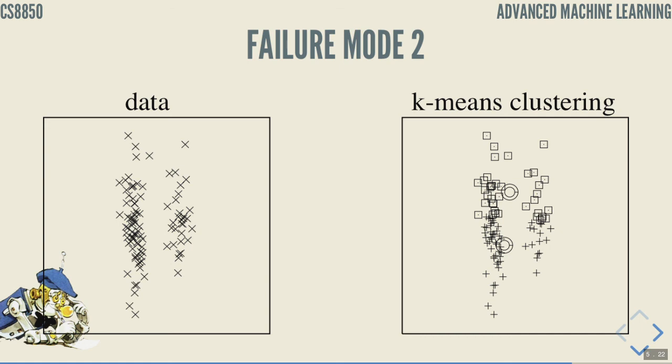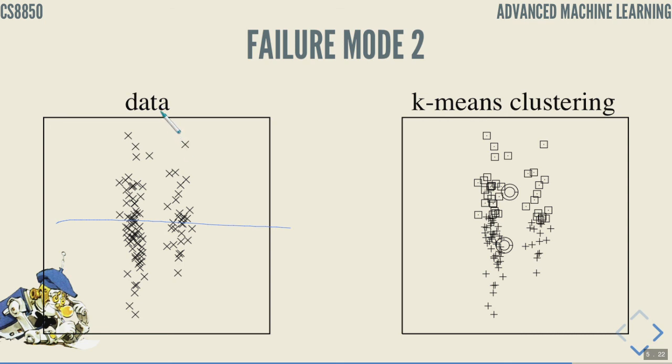Another failure mode is what if our data is not grouping and lumping into circular clusters? Well, k-means always has a tendency of splitting horizontally, because that's when the distances are more easily minimized.